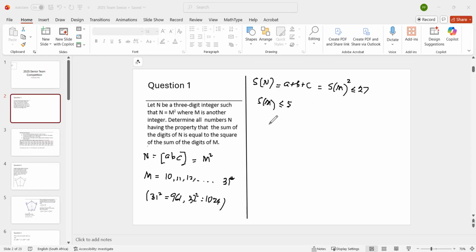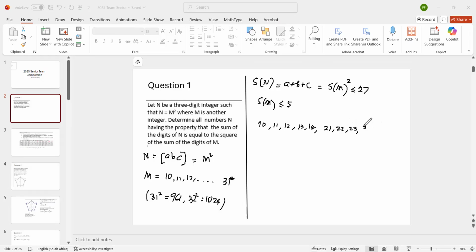So let's write down all these numbers. You can start from 10. 1 plus 0 is less than 5. 1 plus 1, 1 plus 2, 1 plus 3, 1 plus 4, it stops there. Now you can start with 2: 2 plus 1, 2 plus 2, 2 plus 3, it stops there.